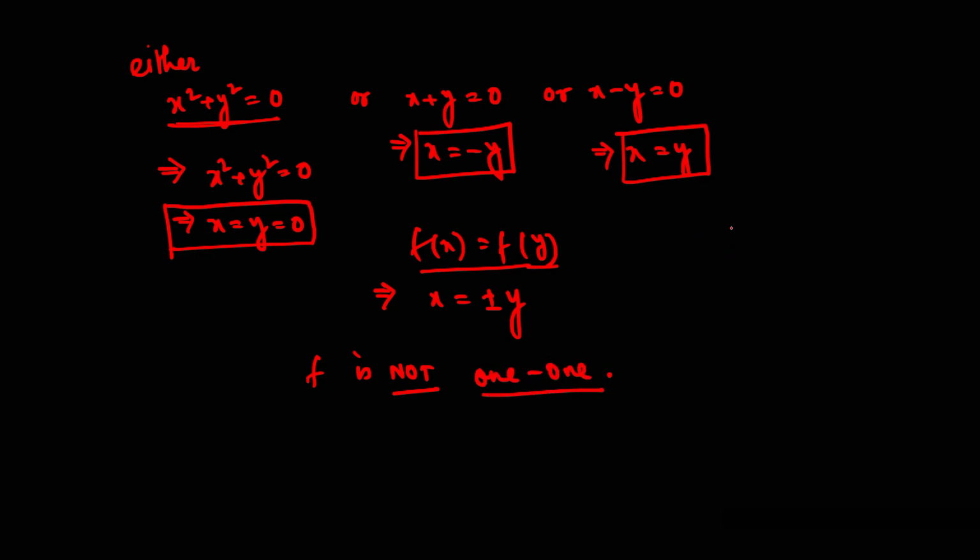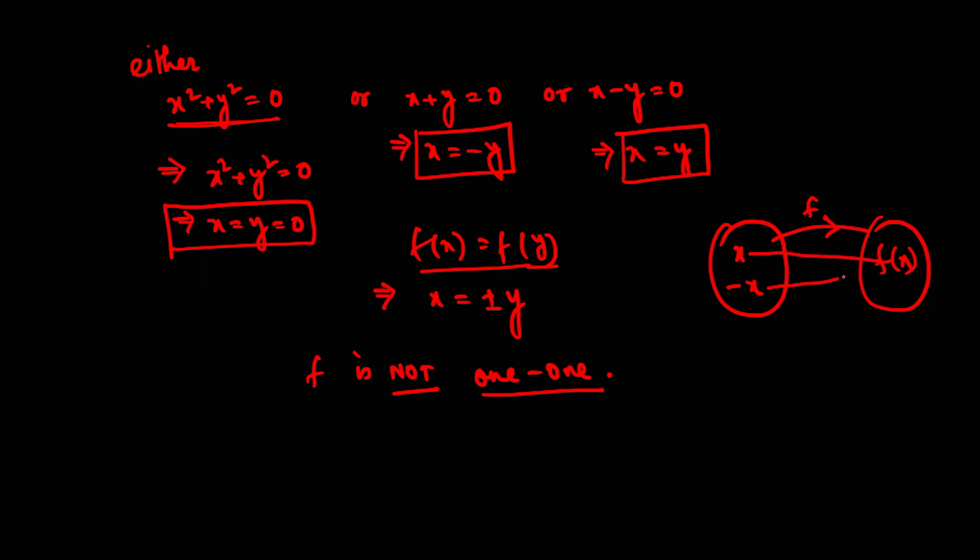Once again we are getting x and minus x such that from x we are getting f(x), and also from minus x we are getting the same value f(x). This is why this is not one-one.